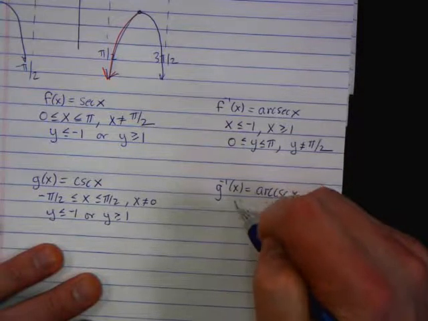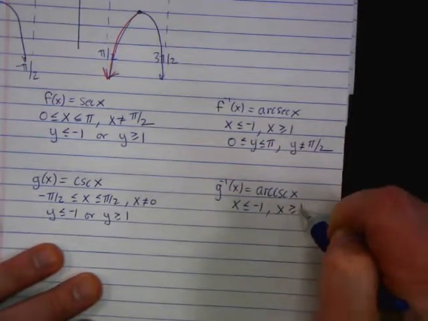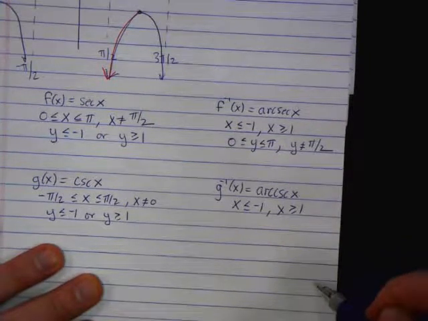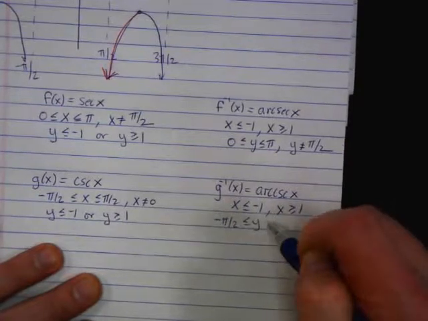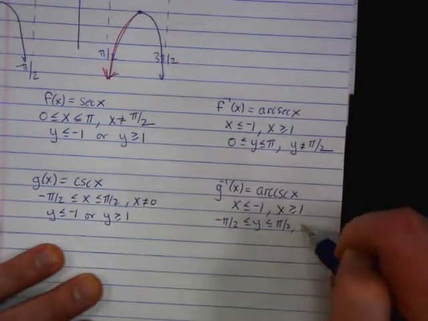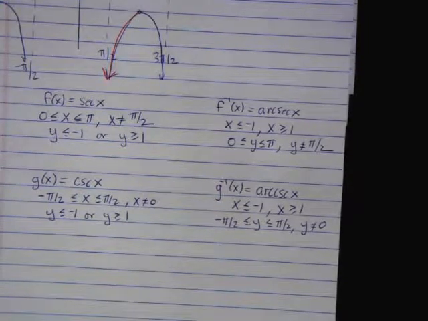We're going to have x could be numbers less than or equal to -1 or numbers greater than or equal to 1. And our range is all these angles between negative pi over 2 and pi over 2, except we'll never get the number 0. Questions on that?